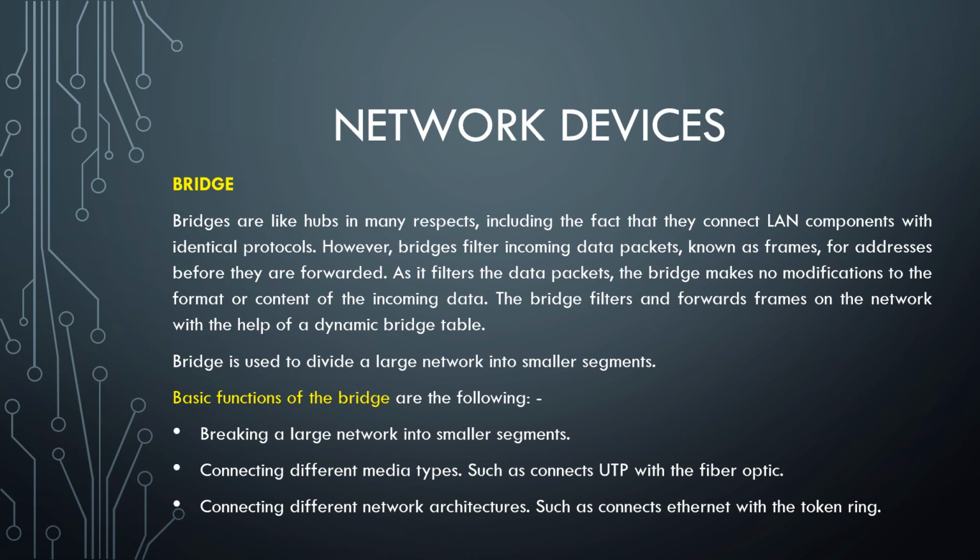But the most important thing is that the two segments must have the same platform. If the platform is different, then we use another device called a gateway. We will discuss it later on. But what you have to understand is that a bridge is used to connect two networks together. It is just like a hub, but two or more networks are connected with the help of bridges.